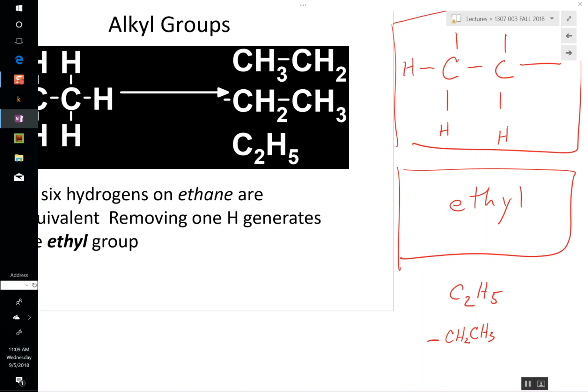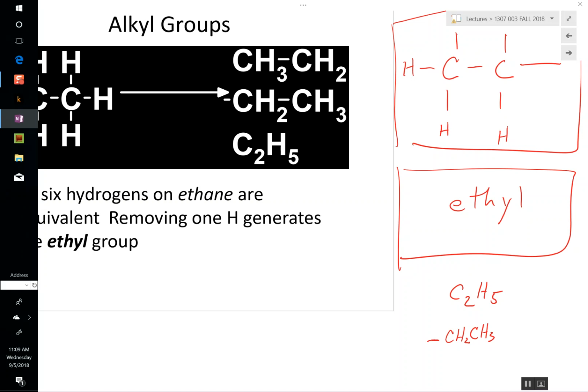Now, why did I go over that? Because now when we get to 3 carbons, there are 2 different hydrogens on here. These 3 hydrogens are just like these 3 hydrogens. Doesn't matter if I take that off, I get a propyl group. With me? Doesn't matter which one of those 6 hydrogens, these 3 or these 3, that I take off, it doesn't look any different.